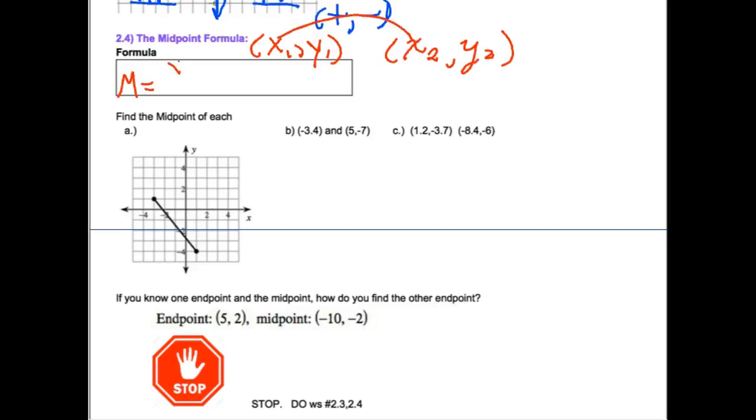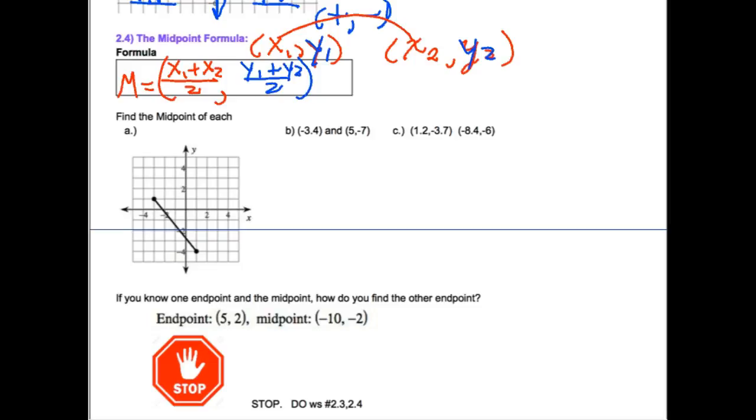To do that, we average them. We add them up, and we divide by 2. Then to get in the middle of the y's, we do the same thing. We add up whatever numbers are in the y slots, and we divide them by 2. And that will always get us in the middle.